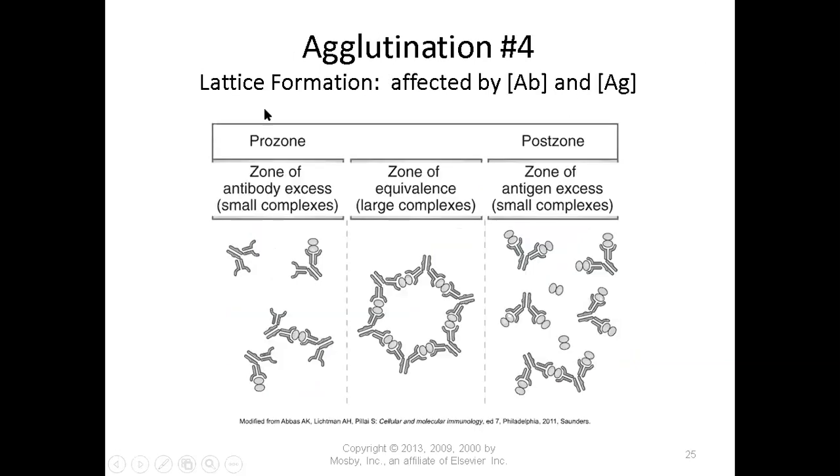All right, so you're going to see this more than one time in this class. This is another diagram from our textbook that's really very important. But the ability for the lattice formation is really affected by concentration of antibody and concentration of antigen. As I mentioned previously, ideal is in the middle here, zone of equivalence.